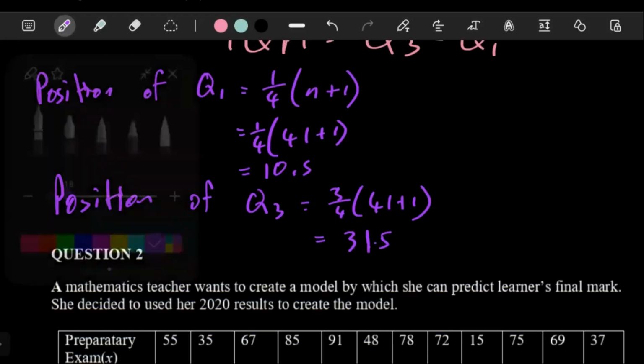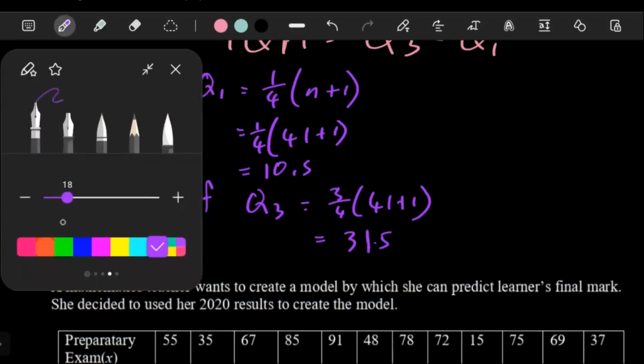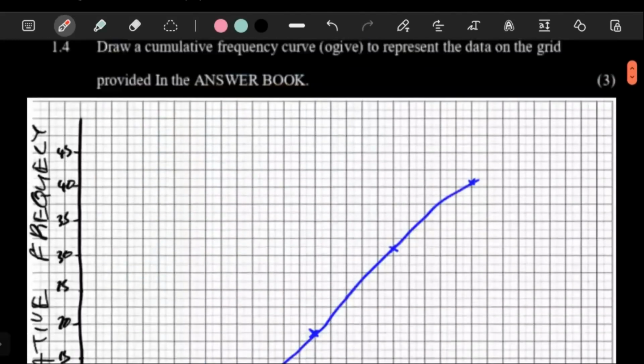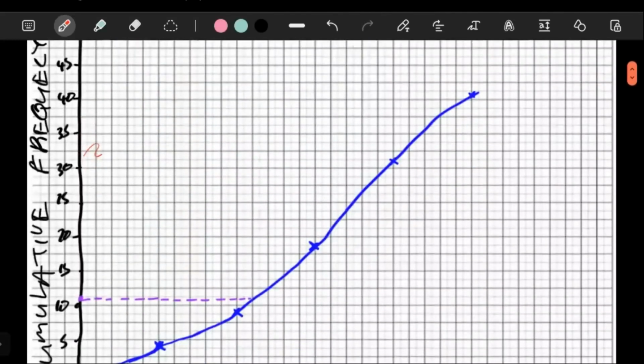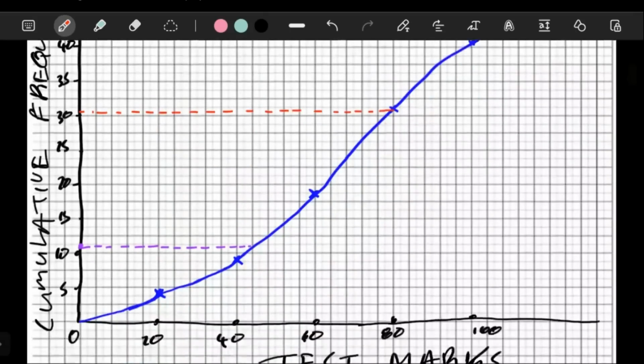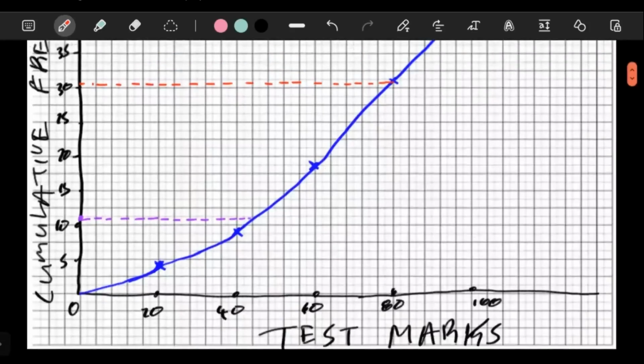So if that's just the position, what we know is, if we're looking at our graph, 31.5 is like somewhere there, right? So let's see here. This goes up, this goes up, this goes up. There. And then if you bring it down, it seems like it is just below 80.